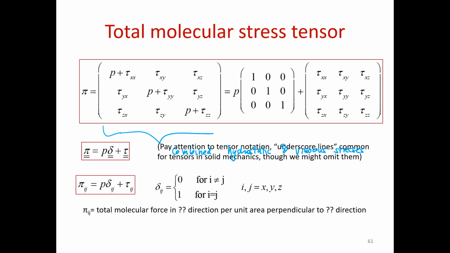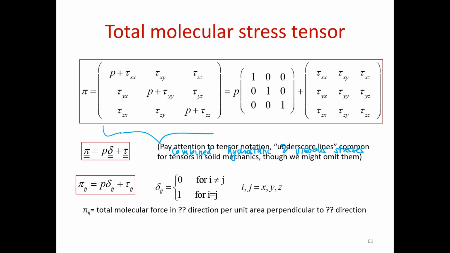So basically, when I think about one of these items here, the total, we think about it as the total molecular force that's there, both from fluid being static and fluid moving, per unit area. And as we said, when we have the force, let's look at tau yx.